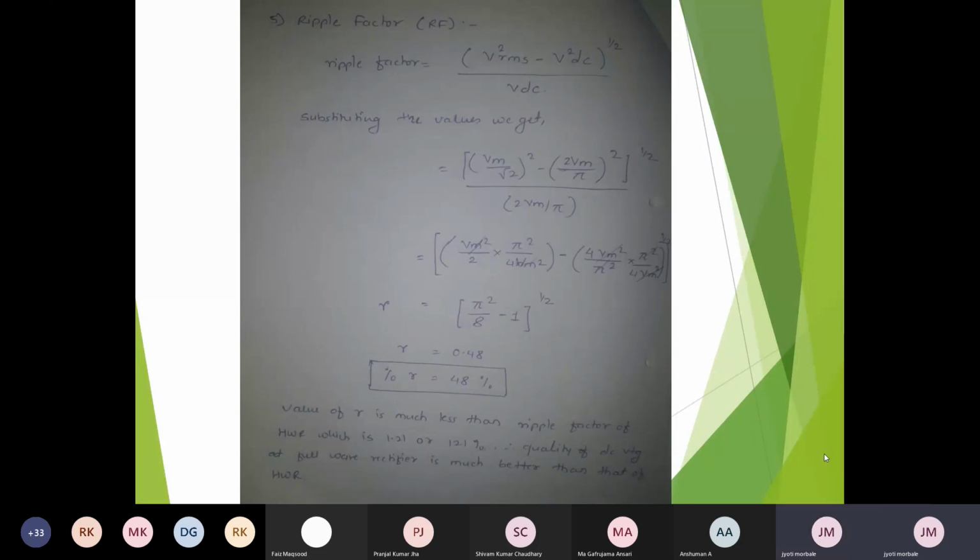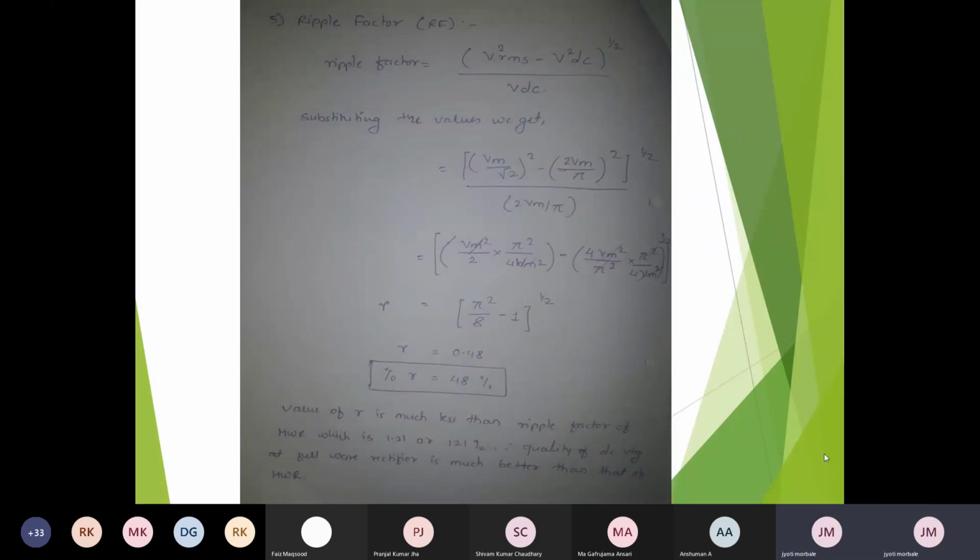That means the ripple factor R is much less than the ripple factor of half wave rectifier. Half wave rectifier का ripple factor कितना था? It was 121% या फिर 1.21. The ripple factor for the full wave rectifier is only 0.48, that is 48%.